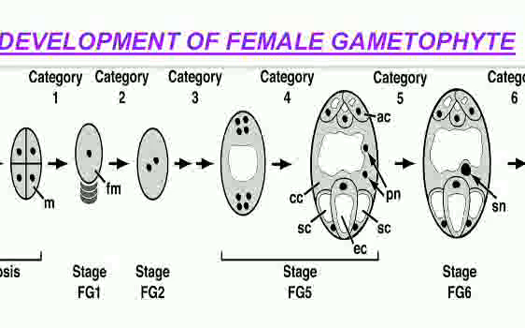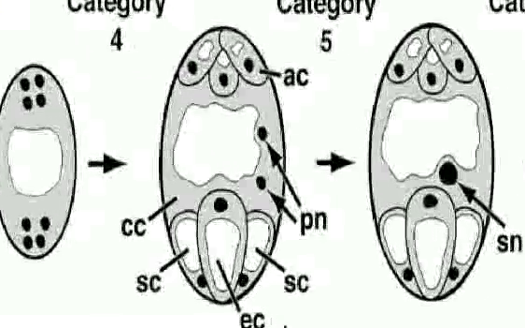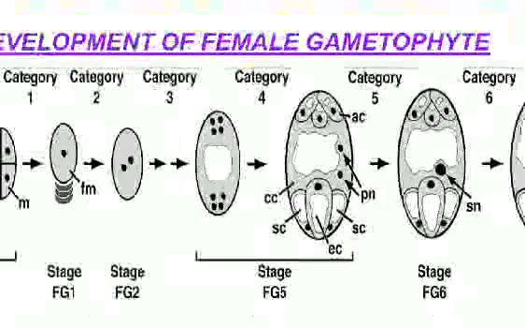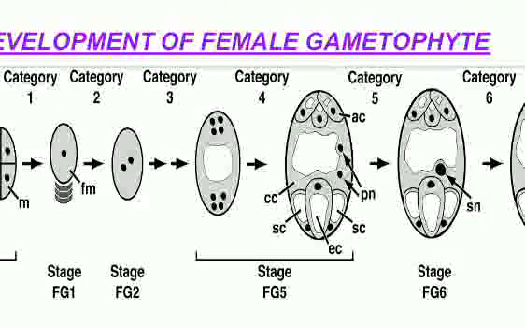Now the functional megaspore. Herein starts the development of the female gametophyte. The functional megaspore forms the female gametophyte, or we can call it the embryo sac. The nucleus of the megaspore divides into 2, 4 and finally 8 daughter nuclei, 4 of which are located at each pole. One nucleus from each pole migrates to the center to form the polar nuclei, which further fuse to form the diploid fusion or the secondary nucleus.